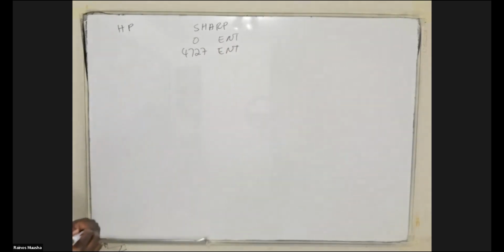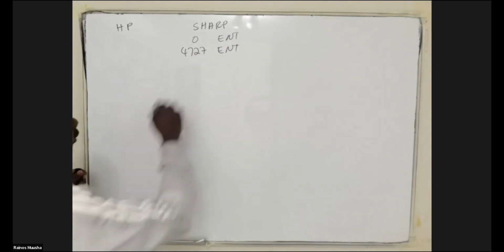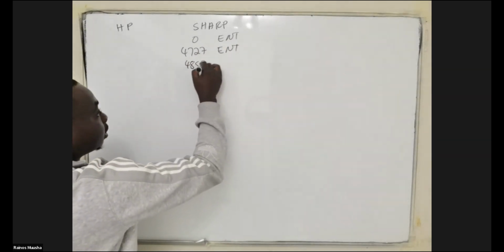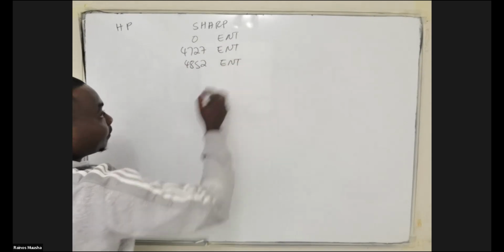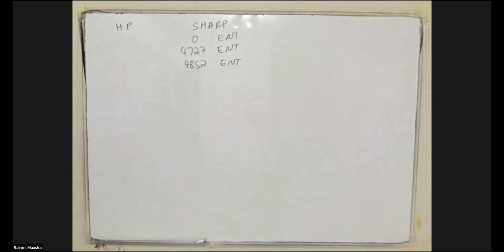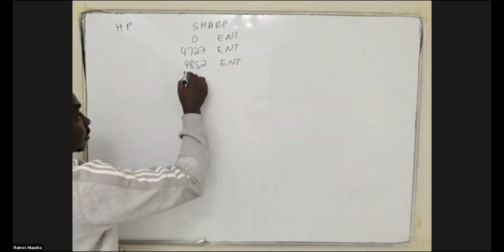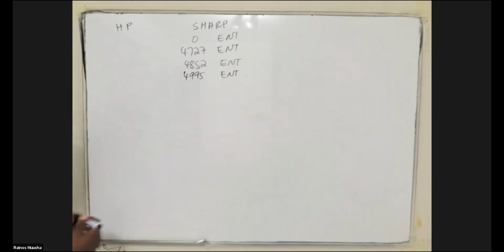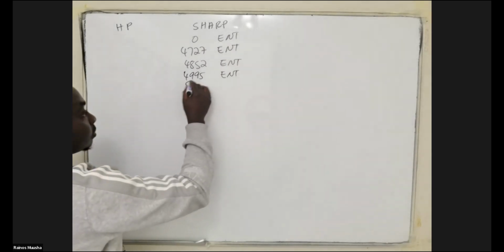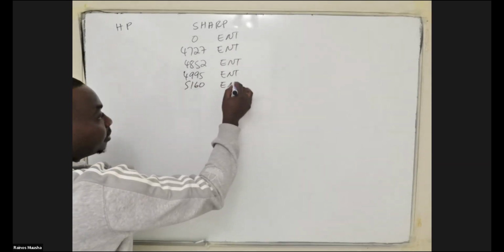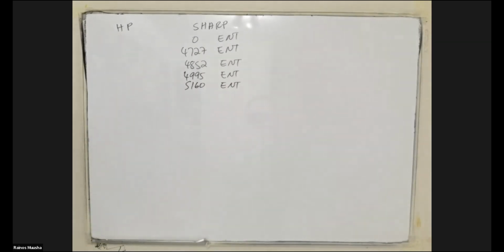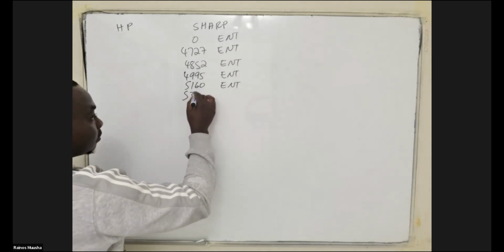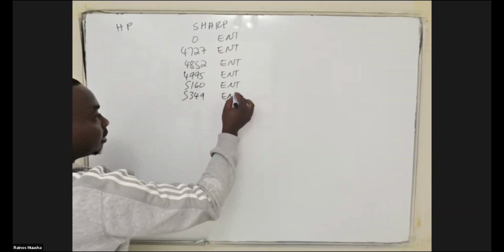And for year 2 is 4852. And then you press enter. For year 3 is 4995. And then you press enter. For year 4 is 5160. And then you press enter. And then for year 5, it's 5349. And then you press enter.